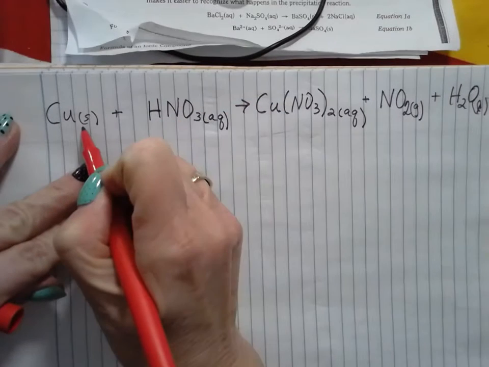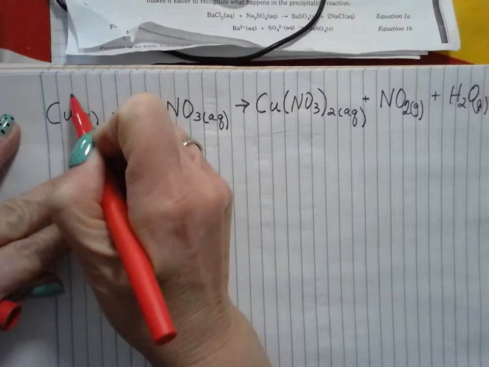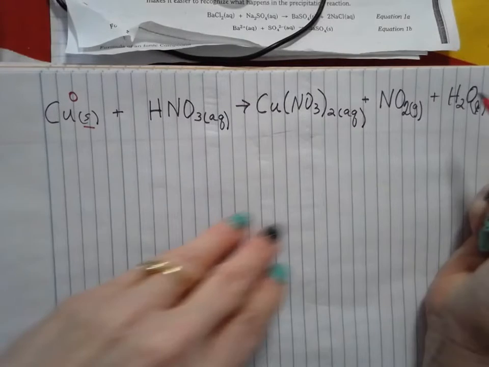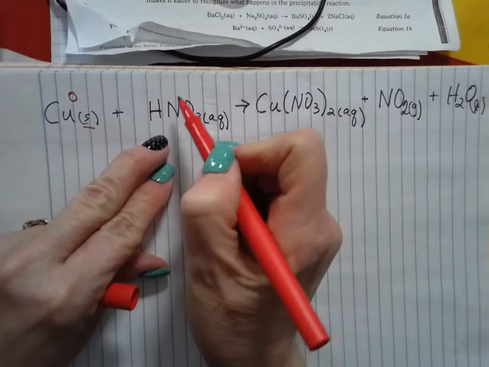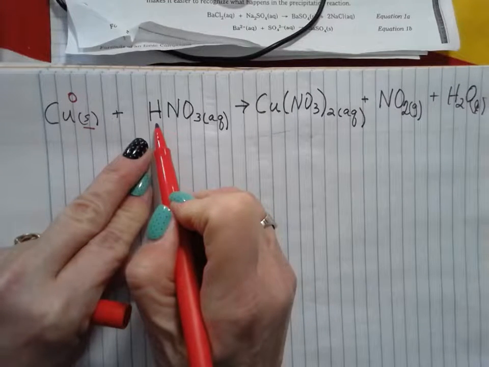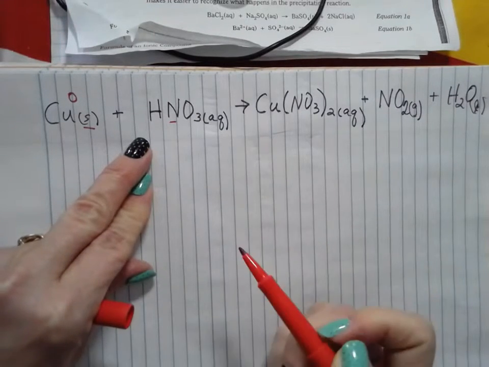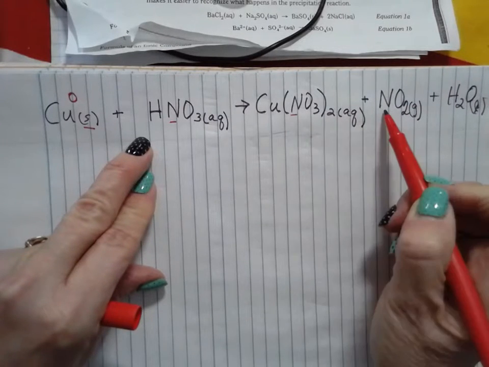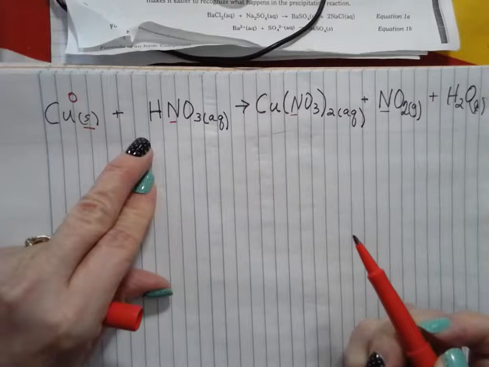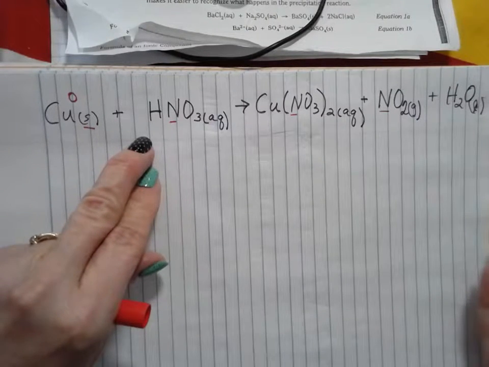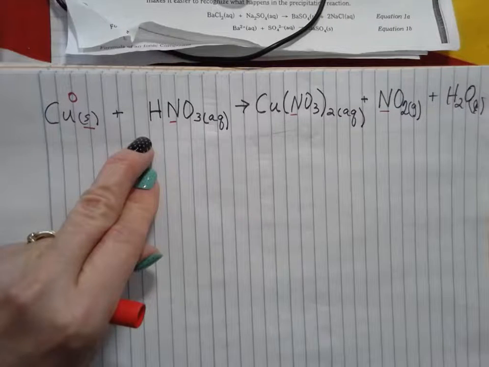Okay, because this is in solid form, uncombined, it's a 0 charge. Now, this is our only source of nitrogen. But when we look over here, we've got 2 things that come from that. So that's going to be something that we have to keep in mind whenever we're pulling this all together.